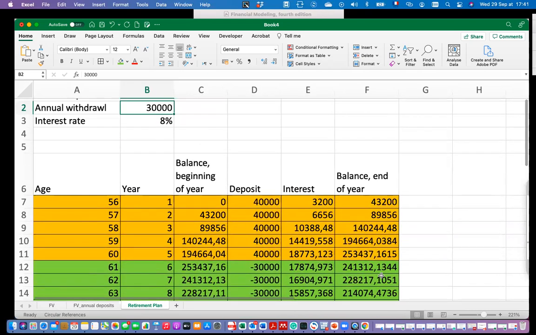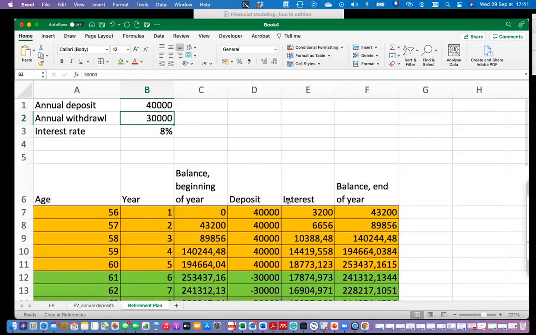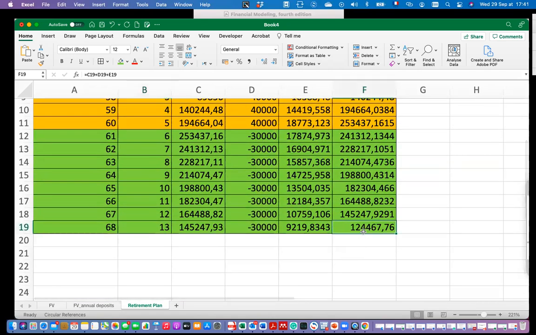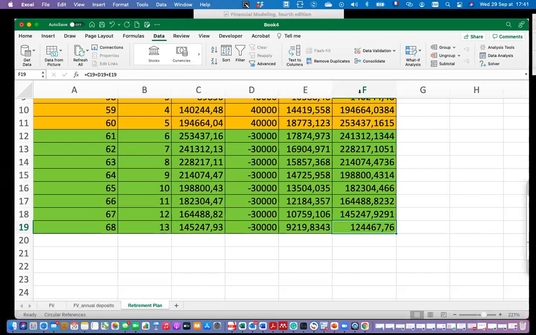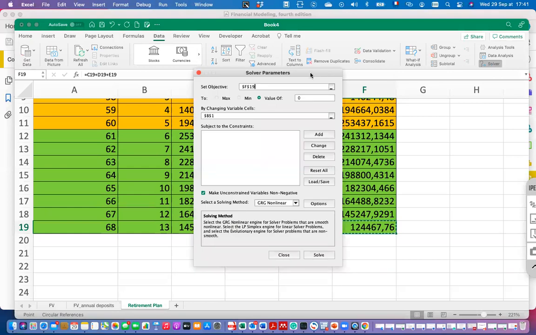So how do we find a solution for this? So you click on the final cell. See this one, I want to make this one equal to 0. I go to Data, I go to Solver. Click on Solver. There's a window opened.